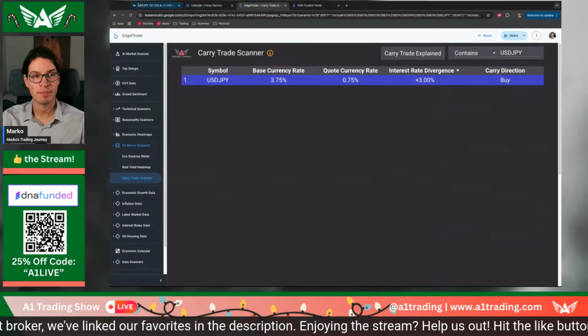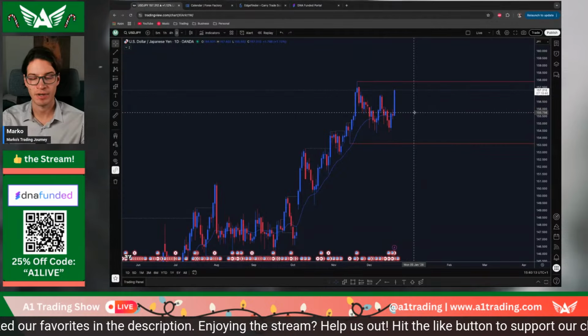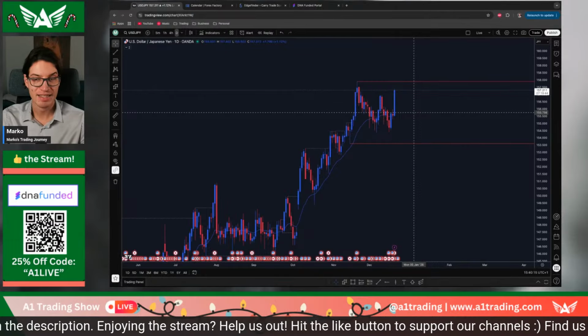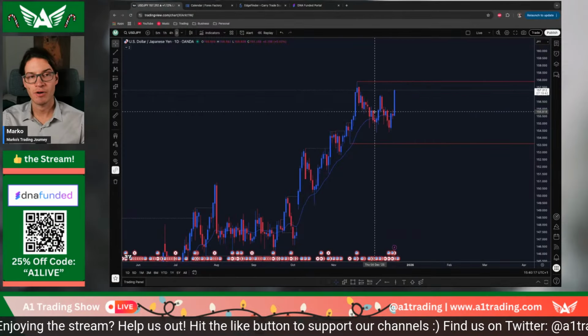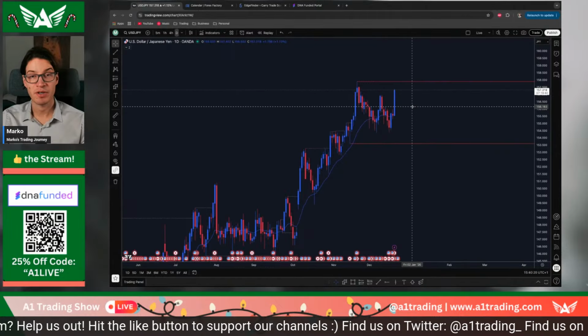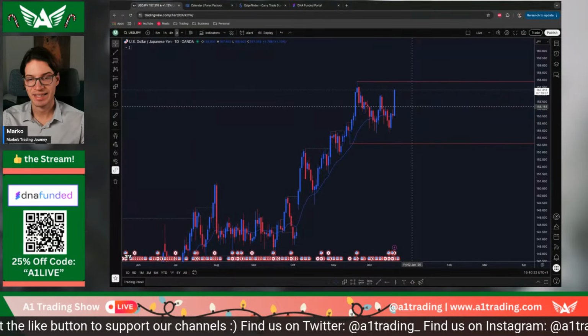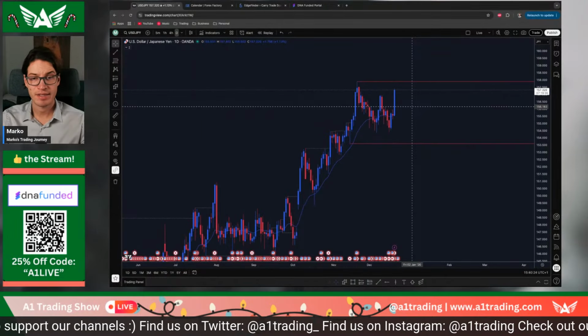You would think people are starting to exit the carry trade, but that hasn't happened yet. So the dollar is still appreciating against the yen. People are still buying the dollar and selling the yen. Looks like the carry trade is still in full play.